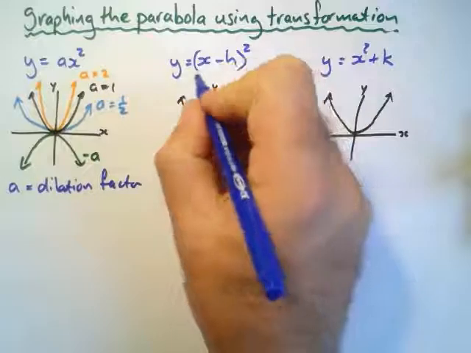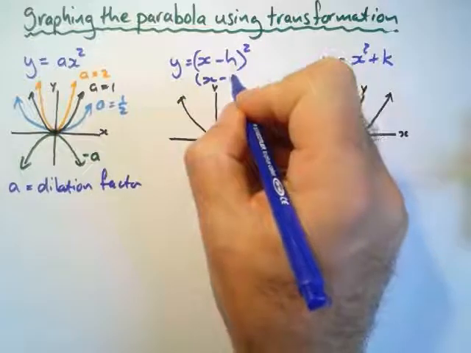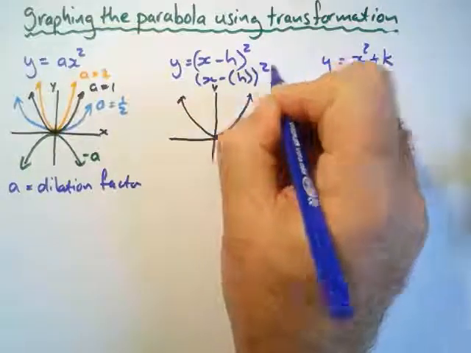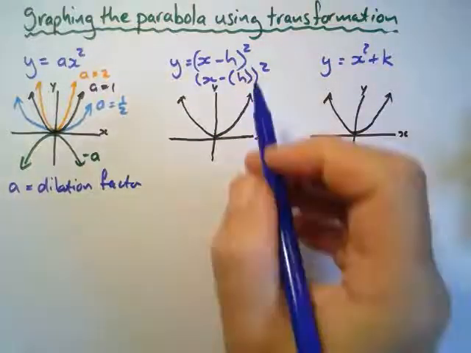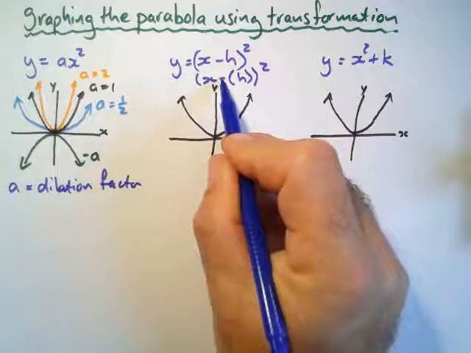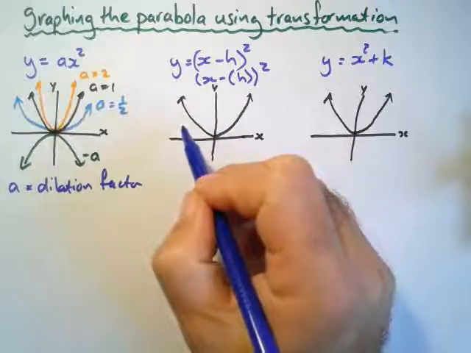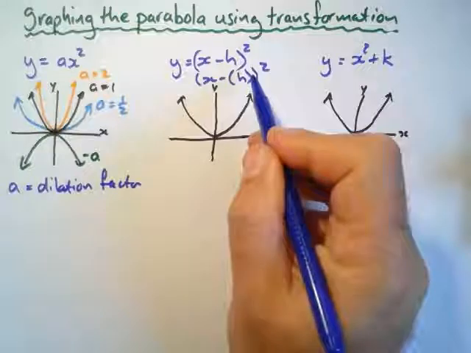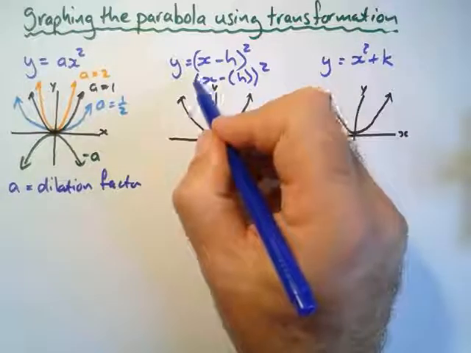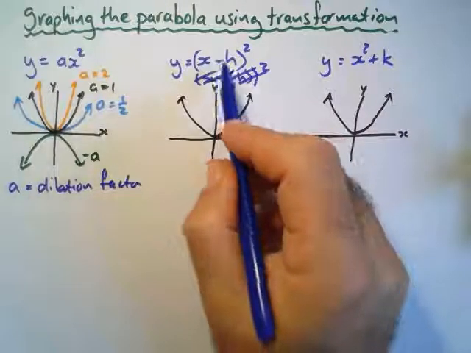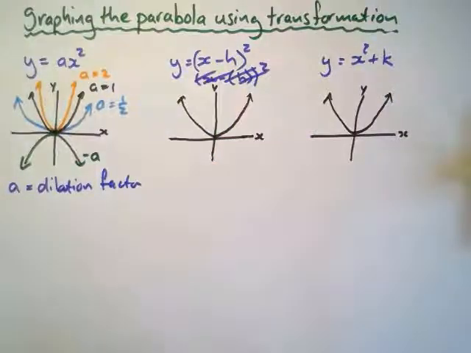The formula then should be x minus h in the bracket, squared, which makes it very confusing because they say if h is positive, then positive times negative is negative, which means it's going to go in a negative direction. If h is negative, then it's negative times negative, which is positive. So it's always confusing to me to do that. And all I remember then is it moves in the opposite direction of whatever this is.